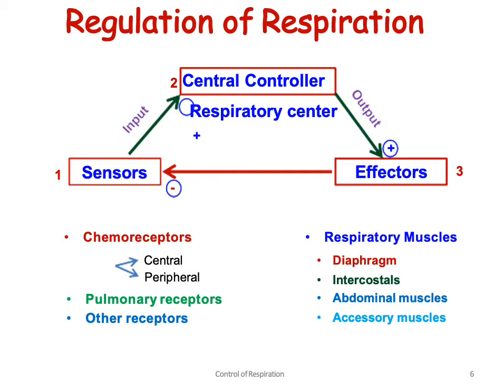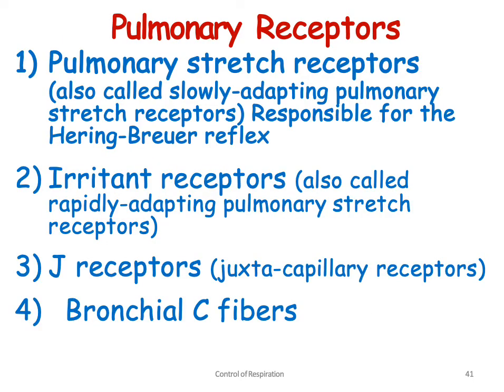So chemoreceptors can be divided into central chemoreceptors and peripheral chemoreceptors. Then the pulmonary receptors: first, the pulmonary stretch receptors, also called slowly adapting pulmonary stretch receptors, which are responsible for the Hering-Breuer reflex. Another receptor is the irritant receptors, also called rapidly adapting pulmonary stretch receptors.